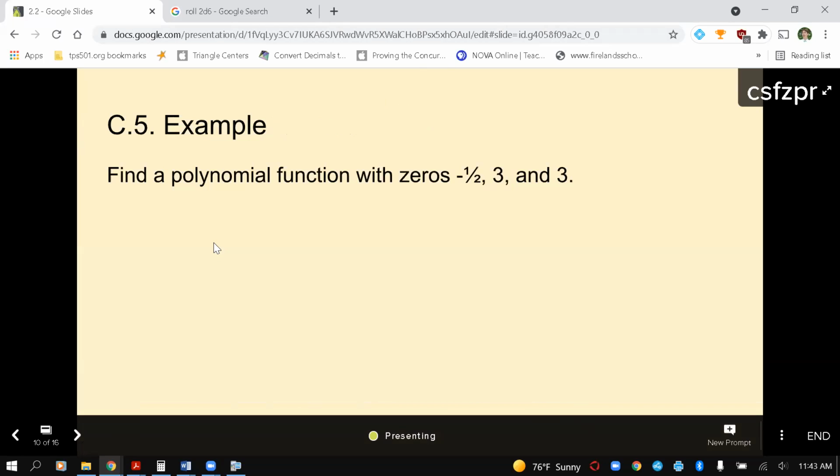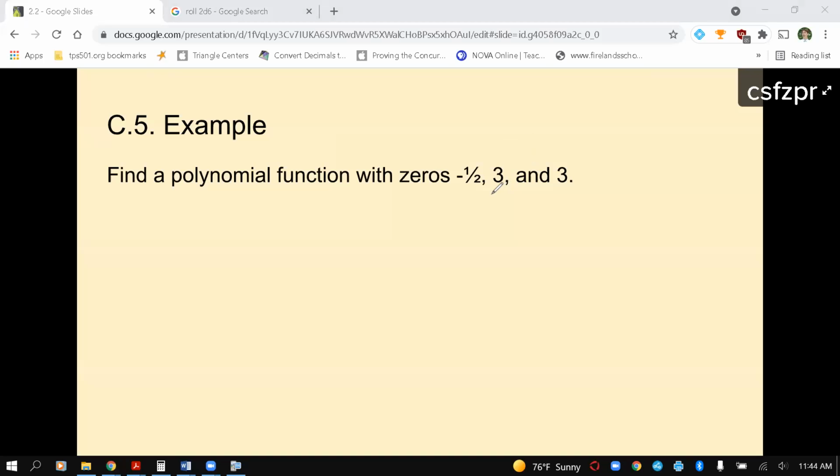All right, let's see it in action. So let's say we have a polynomial function that has zeros -1/2, 3, and 3. We can write that and determine the behavior of the graph. Notice that these two zeros are repeated. 3 is a zero 2 times.